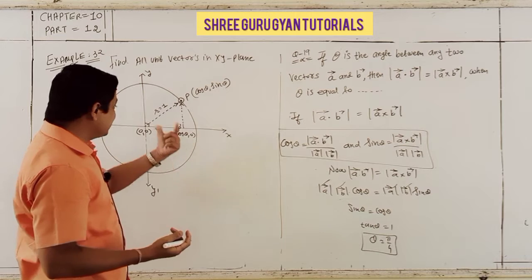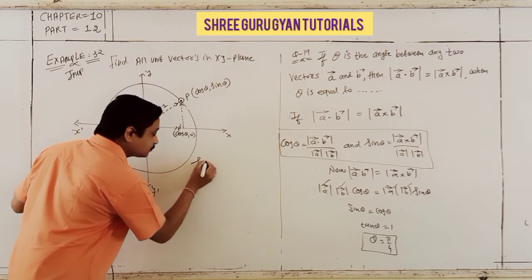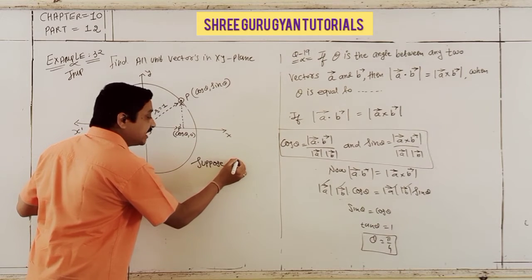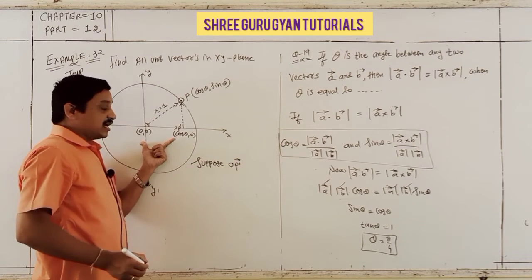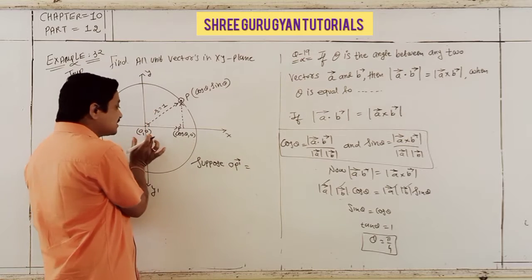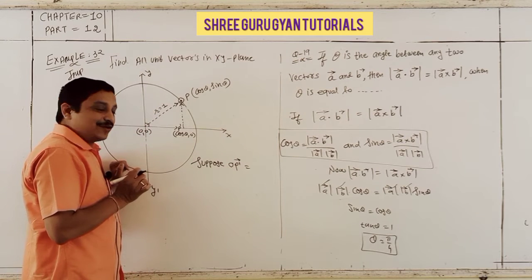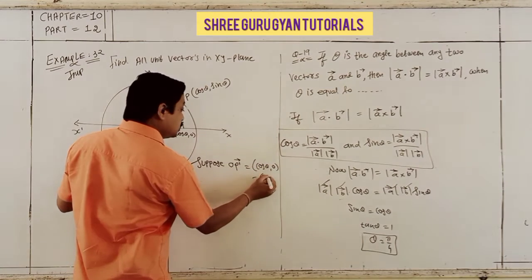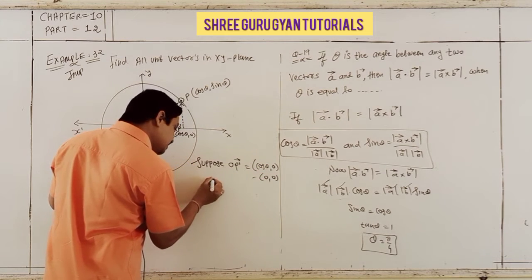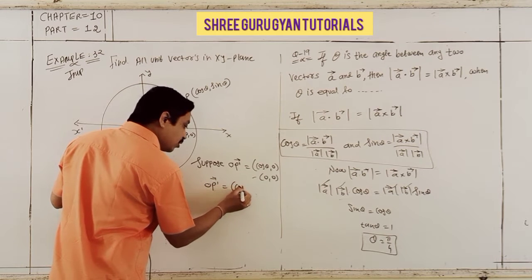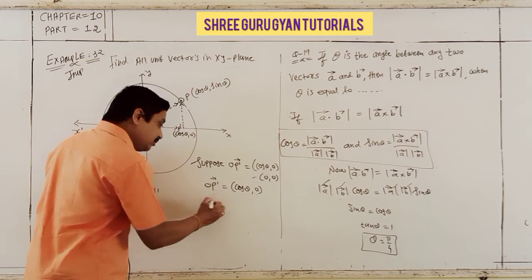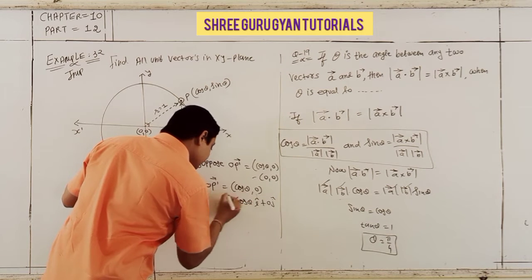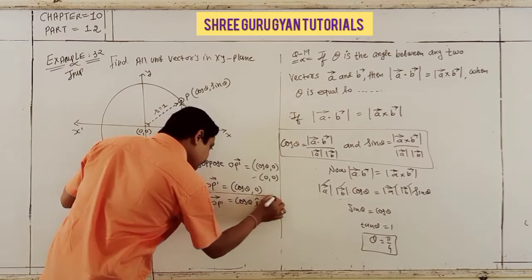So students, I will take here, suppose this O to P dash direction, this minus this, the point plotted on our x-axis. So cos theta comma 0 minus 0 comma 0. So what is your OP dash direction? It is cos theta comma 0. It means cos theta i plus 0j. That is your first direction ready.